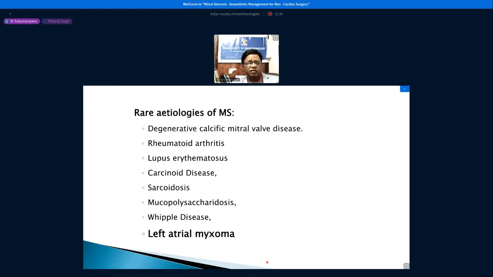The other etiologies, well known to you, are first and foremost degenerative calcific mitral stenosis, which is predominant in developed countries and in elderly patients. Other causes: rheumatoid arthritis, lupus erythematosus, carcinoid disease, sarcoidosis, mucopolysaccharidosis, Whipple disease. Last but not least, and most important, whenever students are asked the differential diagnosis of mitral stenosis, it is left atrial myxoma.